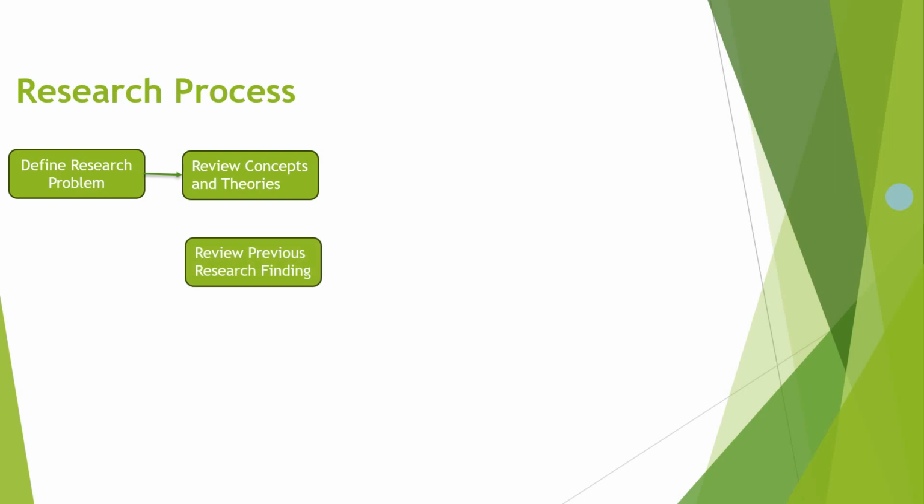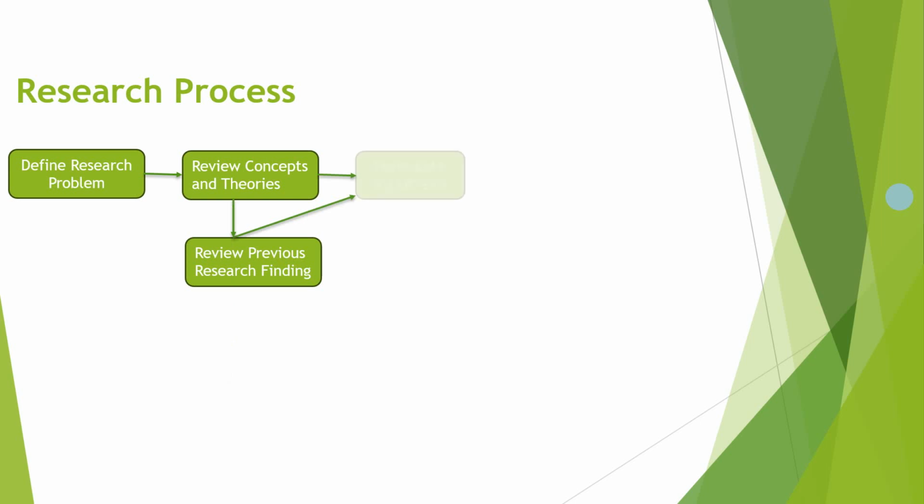After that, you need to review previous research findings, what research has already been done in the same area. You need to learn those things and draw some conclusions based on those articles.